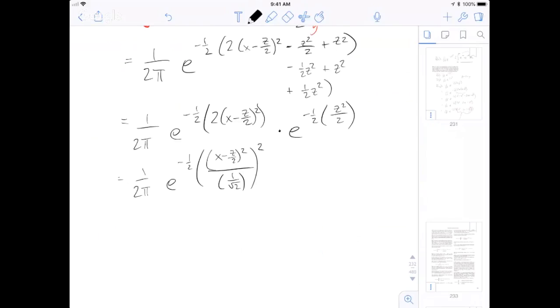Let's look at that. Oh no, I've got an extra square. Okay. So what I kind of did is sent the 2 down to the denominator as a 1/2, right? Okay. And then what that lets us do is write it as 1 over root 2 down there, okay?